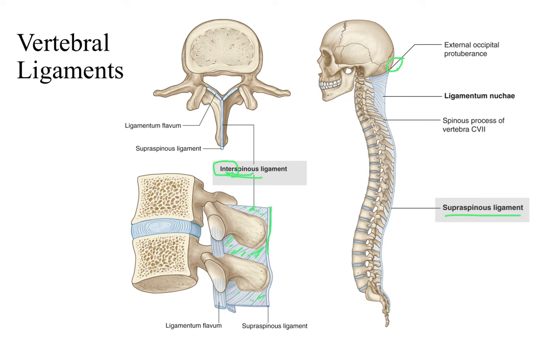When these interspinous ligaments reach the cervical vertebrae above C7, notice that they spread out beyond the spinous process of the vertebrae, and those are called the ligamentum nuchae.